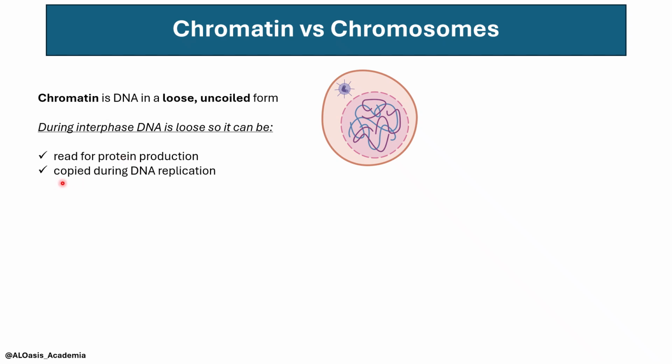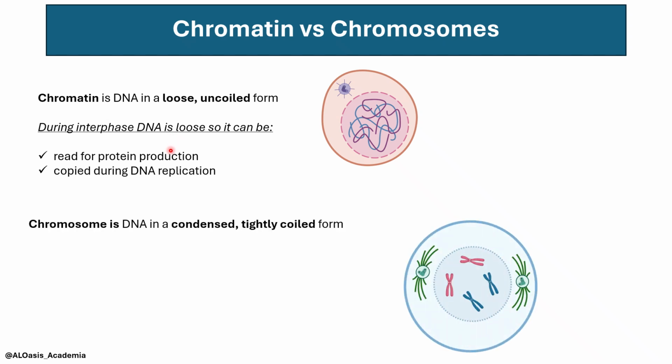It also allows the proteins and enzymes to access the DNA during DNA replication and allow the cell to replicate its DNA. Because if the DNA is tightly condensed, then the proteins wouldn't be able to access specific regions in the DNA, and that would prevent protein production and also prevent DNA replication. That's why it's essential during interphase for the DNA to be loose to allow proteins and enzymes to access the DNA.